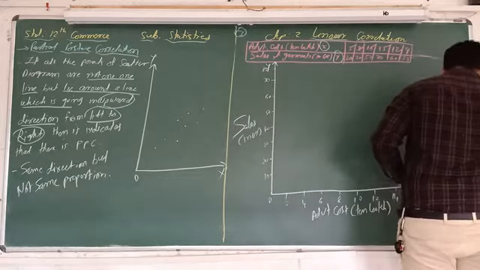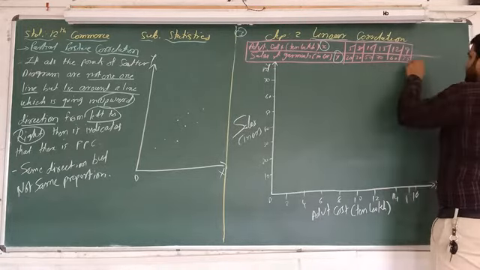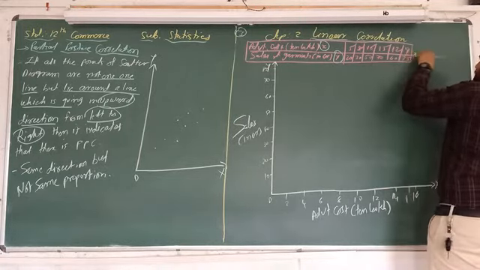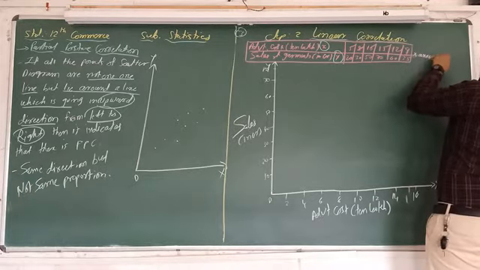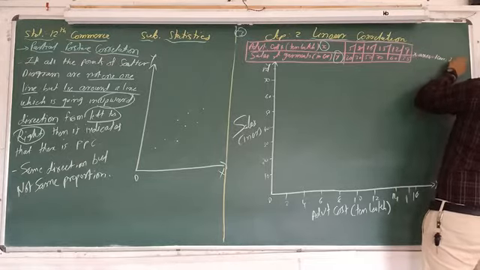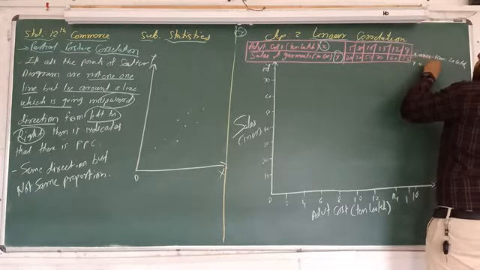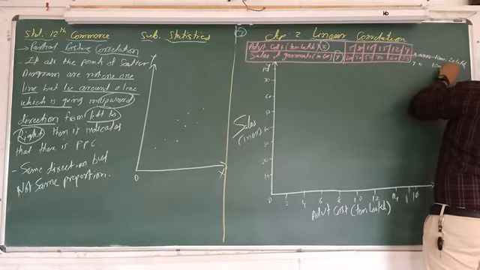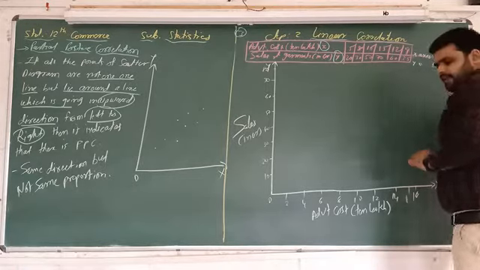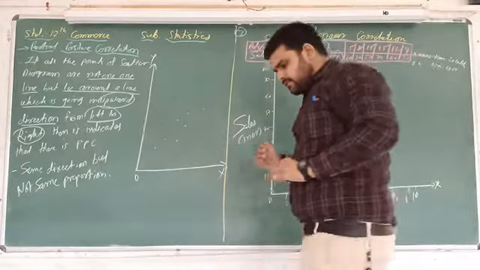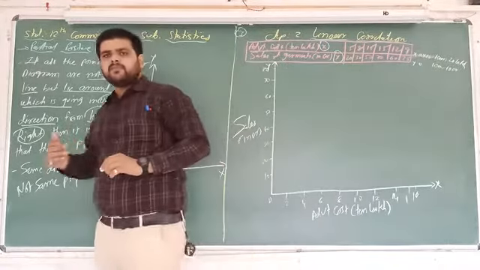And both of these scales we must write: x axis, 1 centimeter equals 2 times 10 lakhs, that is 20 lakhs; y axis, 1 centimeter equals 10 crore rupees of sales. So there are two things we have to take.